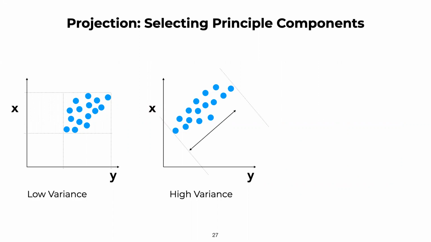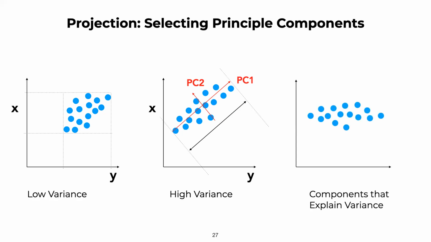That projection will maximize variance, and the vector along which I make this projection, I will call a principal component. Then I can take the second principal component, which has the second most variance in the data, and create a principal component space that explains the most variance in our data.